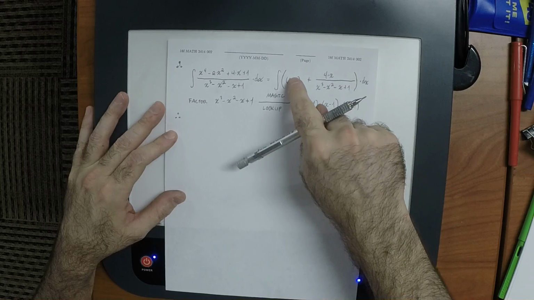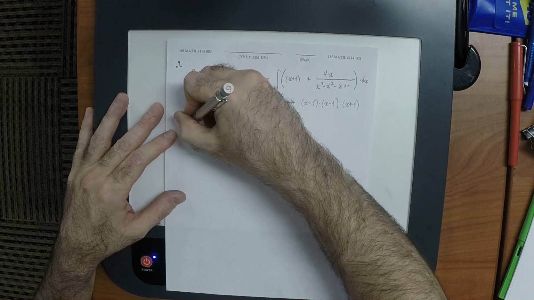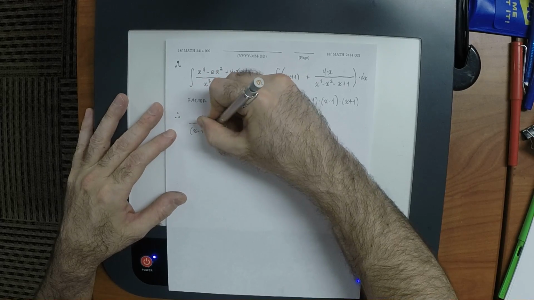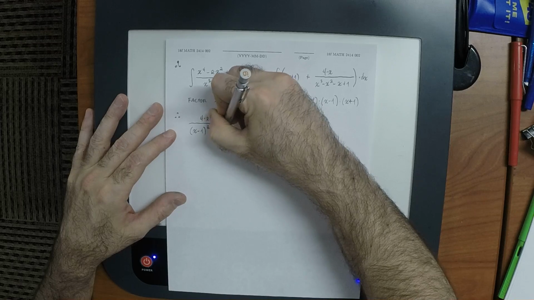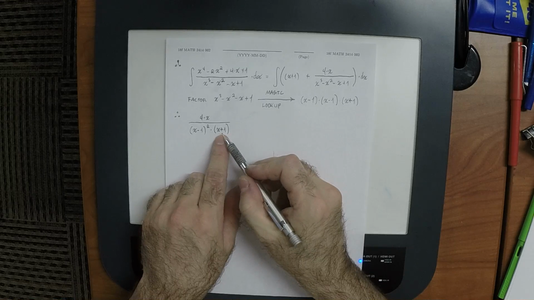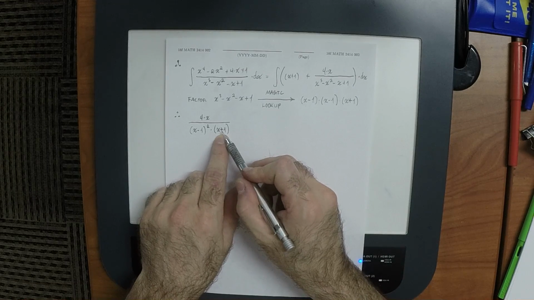So what we're dealing with, ignoring the easy bit and just looking at that, we're looking at something that looks like this: 4x over x minus 1 squared multiplied by x plus 1. So now that can be decomposed using a partial fraction decomposition. So notice that this x plus 1, what's its multiplicity? It's 1.